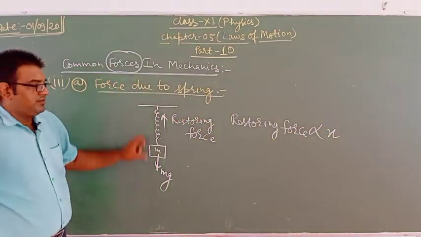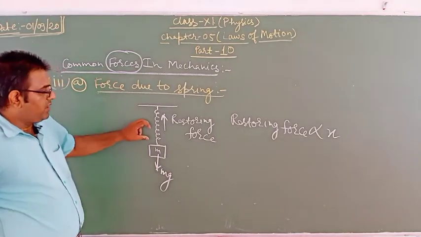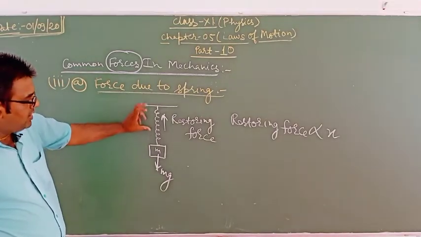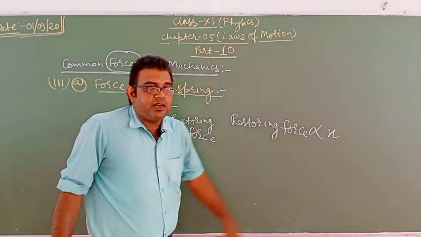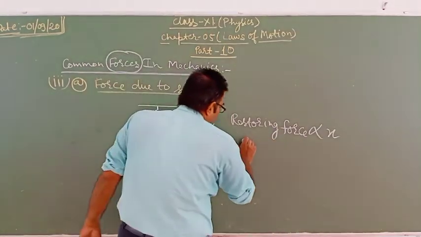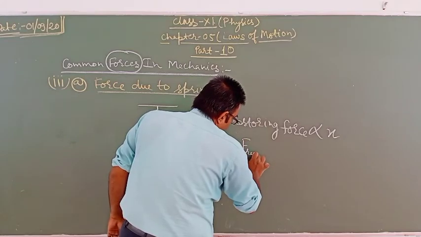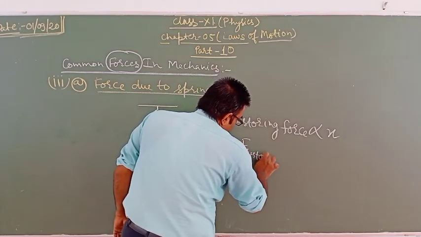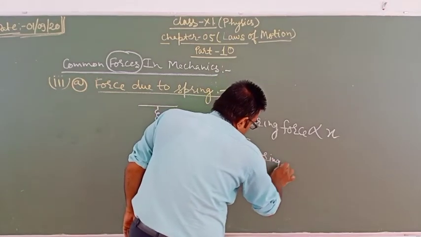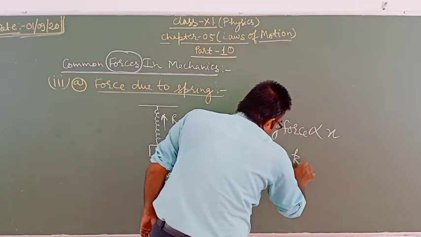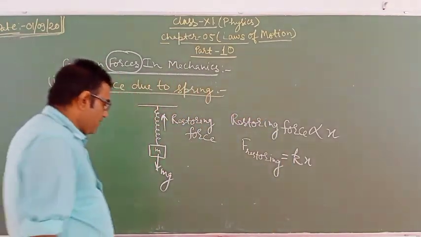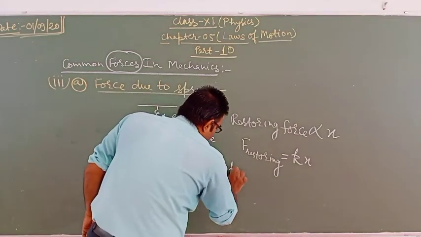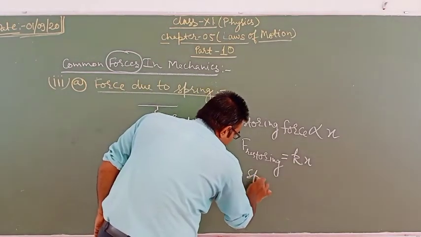If this spring is elongated with the displacement x in the vertical direction, then the restoring force is directly proportional to x, and F restoring is equal to K into X, where K is called the spring constant.